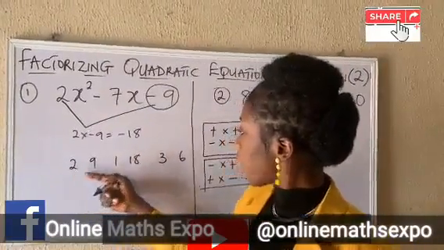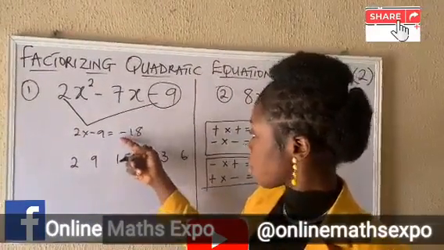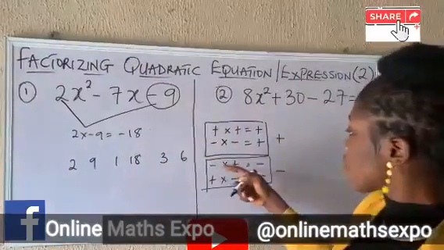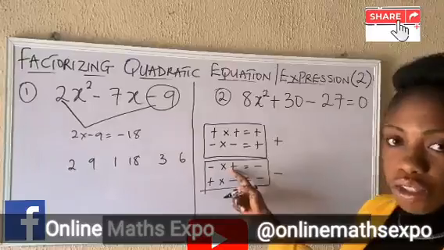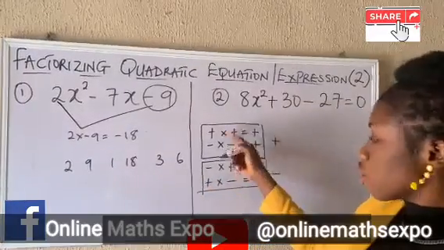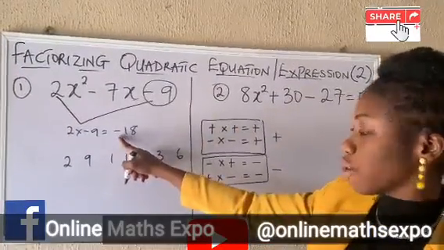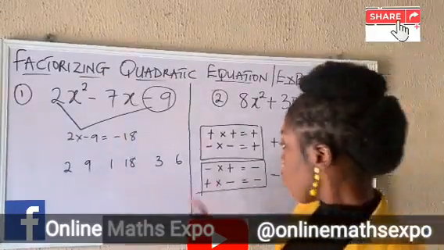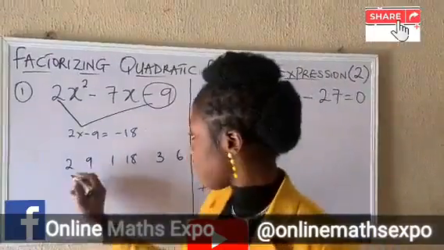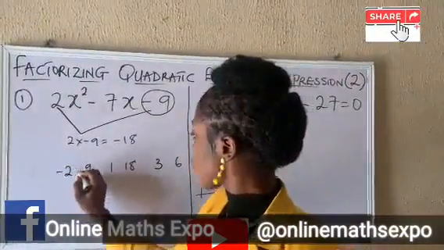Remember, when we multiply everything here, it's going to give us minus 18. And the only two signs that when you multiply give you negative are minus, plus, and plus, minus. We are not going to use the same signs because the result we are looking for is minus 18 and not positive 18. So we are going to fix the signs of these numbers. This will take minus, plus.